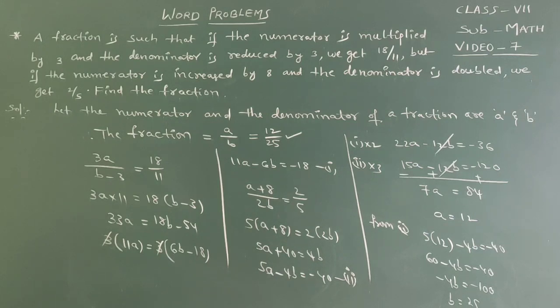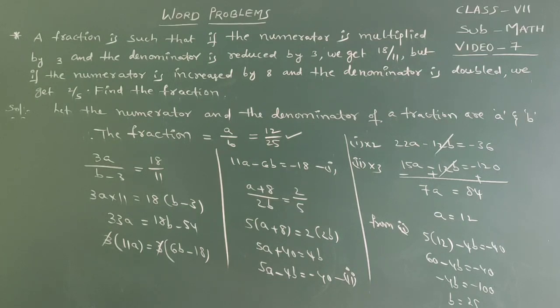Here I need to equalize the coefficient of b. That's why the LCM of 6 and 4 is 12. For getting 12, 6 multiplied by 2, 4 multiplied by 3. That's why the first equation is multiplied by 2, the second equation multiplied by 3. Then we get 22a minus 12b equal to minus 36, and 15a minus 12b equal to minus 120. They have the same negative signs, so if you subtract, the 12b get cancelled.